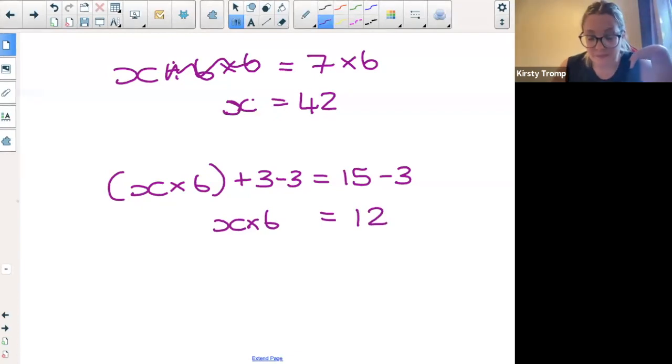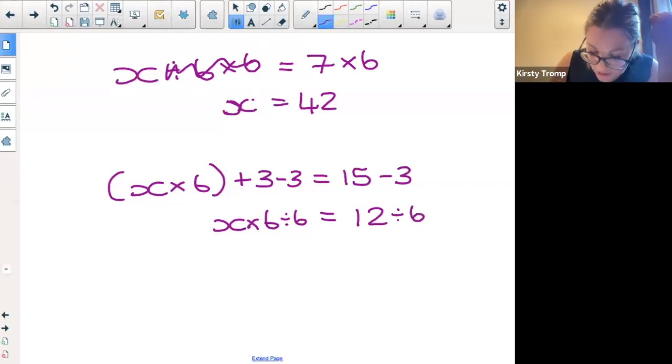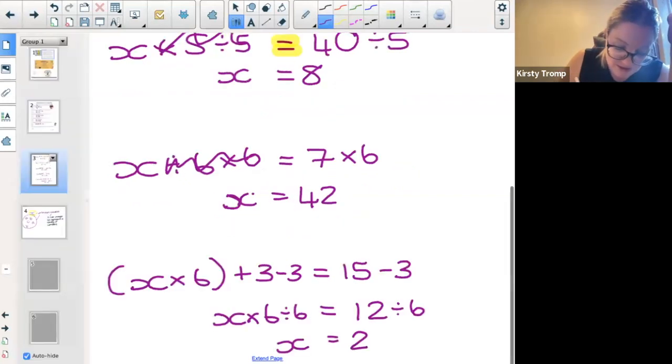Yes, ma'am. All right. Now let's get rid of this whole times by 6 thing. What's the opposite of timesing? The opposite of timesing is division, ma'am. Well done. So I'm going to divide by 6. Whatever I do to the one side, I must do to the other side, ma'am. Good. So x is going to be equal to 2. Well done.